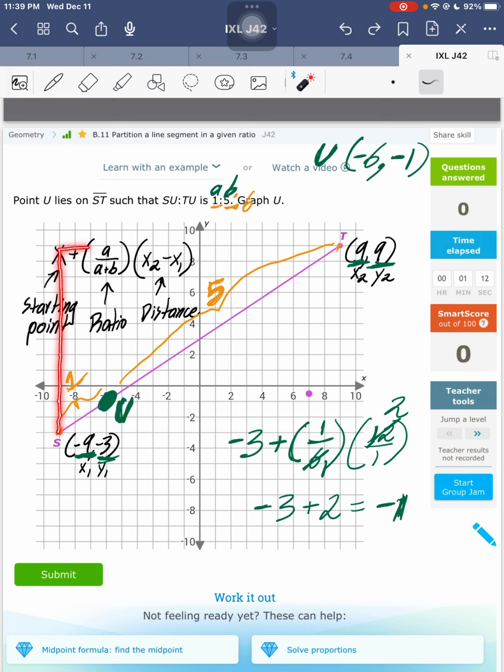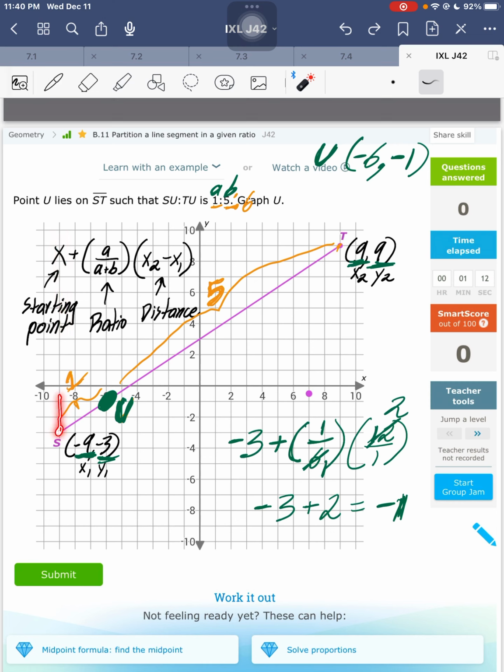That's what I found here, 12. If we go up 1, 2, 3, 4, 5, 6, 7, 8, 9, 10, 11, 12. So I had to travel 12 units up to reach from my S to my T. Now, do I want the entire distance of 12? No, I only want 1/6 of that. So what is 1/6 of 12? 2. That's why I only travel 1, 2. Isn't that the y coordinate right here?